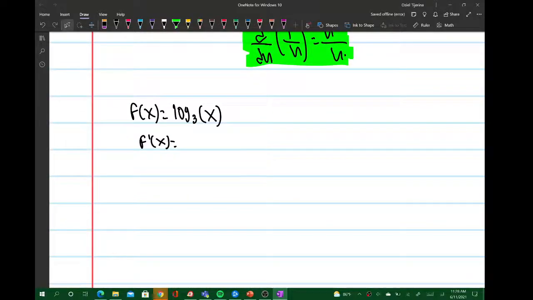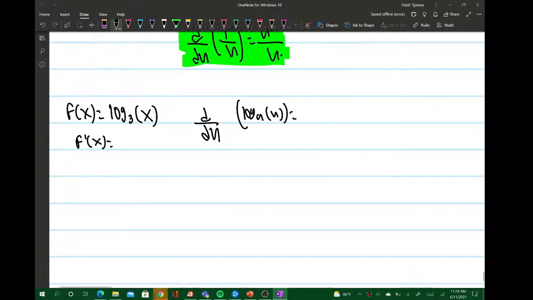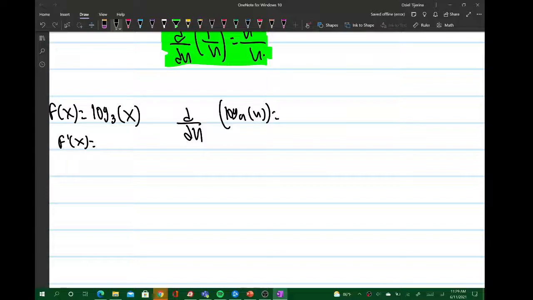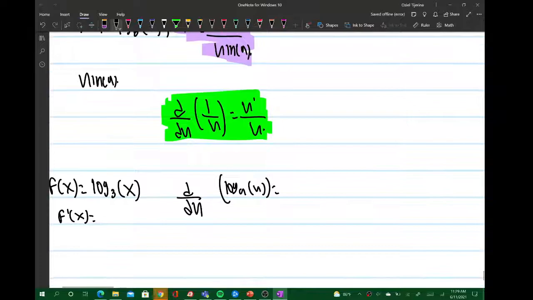So remember, the derivative of log base a of u is really just u prime over u ln of a.